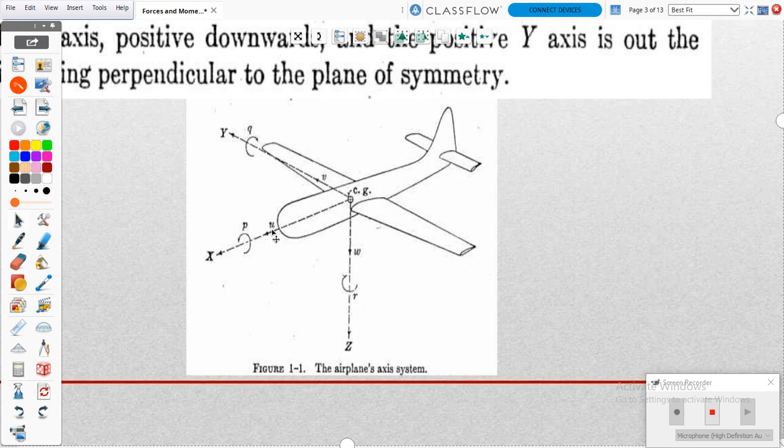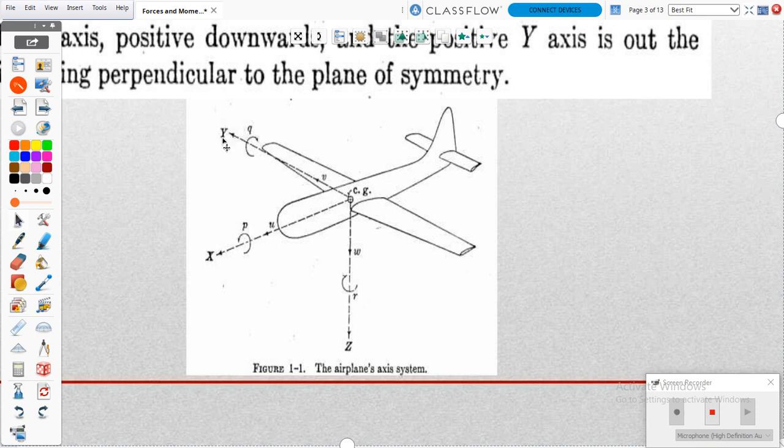After that, we need to draw the lateral axis, from the CG towards the right hand side of our aircraft. On the right side wing, we draw a line perpendicular to the x-axis and z-axis also.